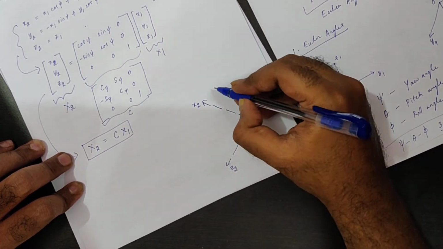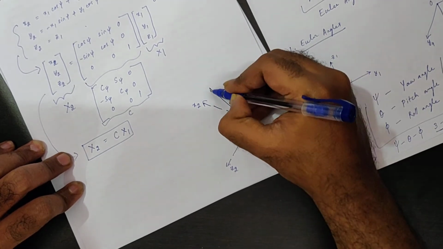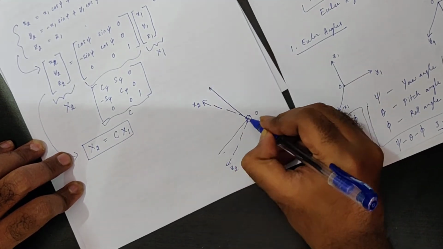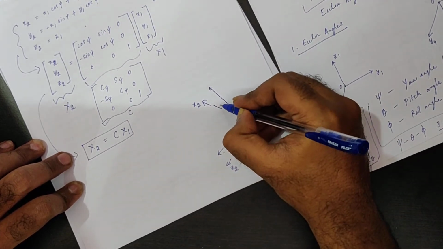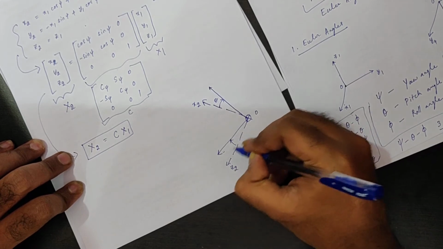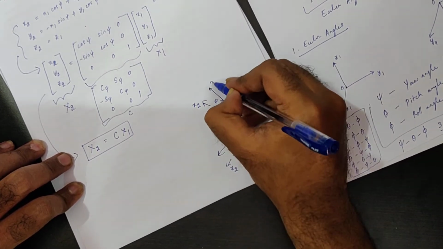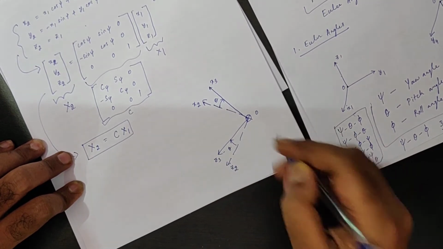Now we will rotate it in a similar fashion. So now this is theta, and this is also theta. This is x3, this is z3, right?